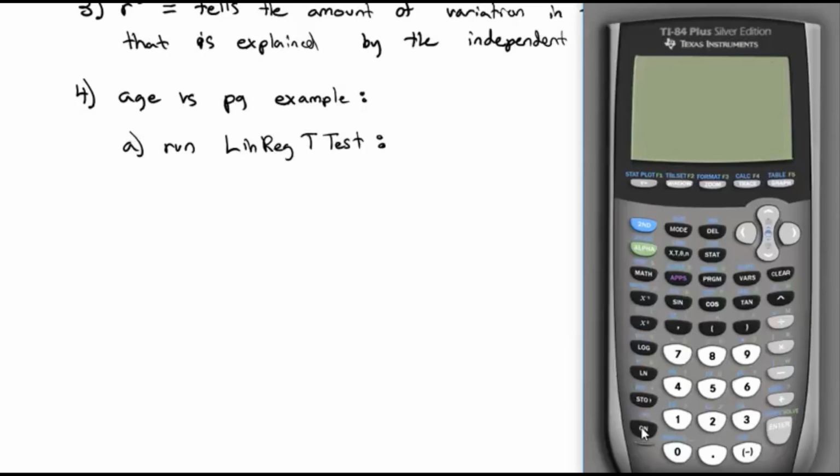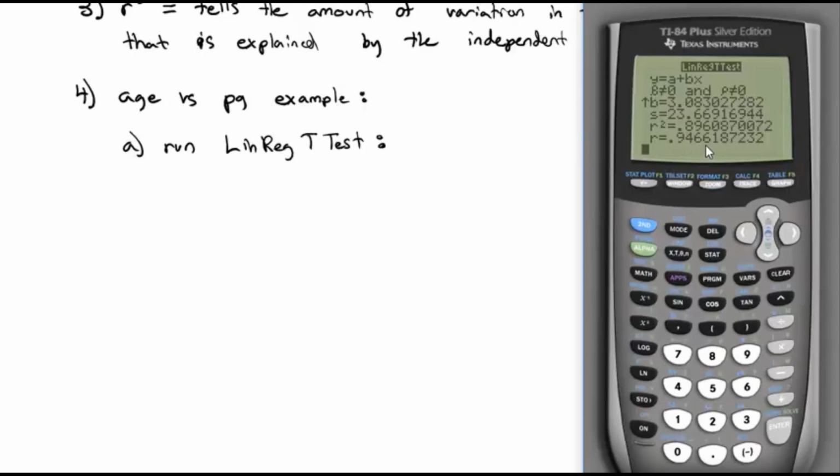So going back to our calculator, let's run it one more time. I'll hit stat over to test, and I'm going to do the lin-reg t-test. My numbers are all already in there. So when I hit calculate, we see our test statistic, the t, is 5.09. We see that gives us a p-value of 0.0146. And if I scroll down, we will see an r value.